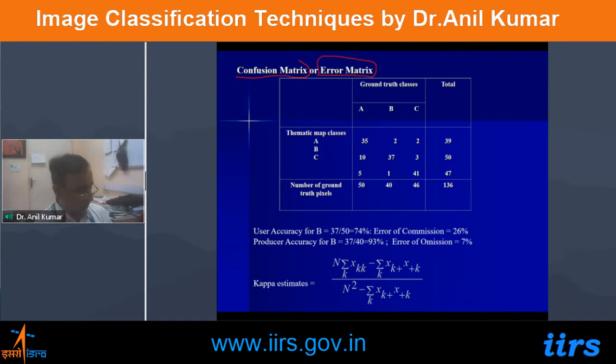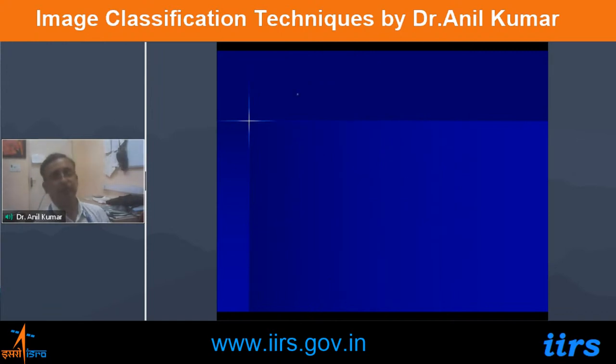So what is required for this matrix? We require two maps. The first map is the reference map, which has ground truth information about the classes. The second one we require is the classified map.